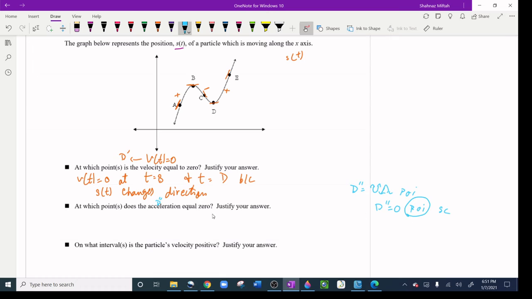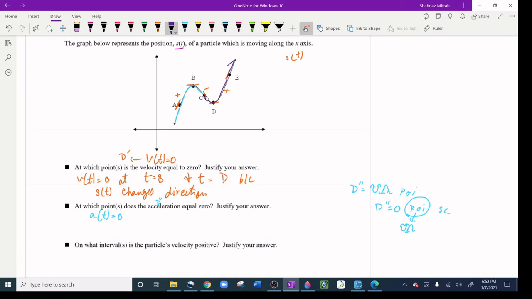So when my acceleration is equal to 0, it means I'm looking for a point of inflection. And what actually is a point of inflection? Where the concavity is changing. Look at this graph: I have this concave down up here, and from there my graph goes concave up.